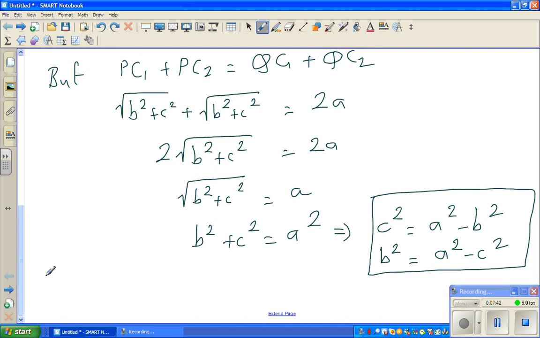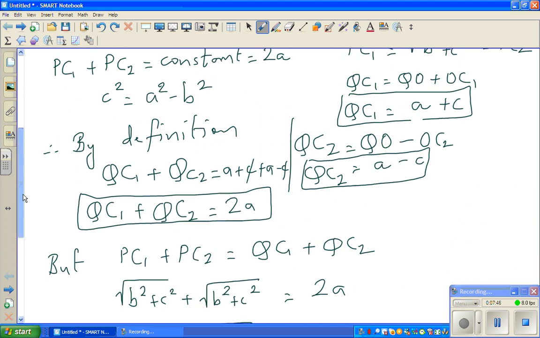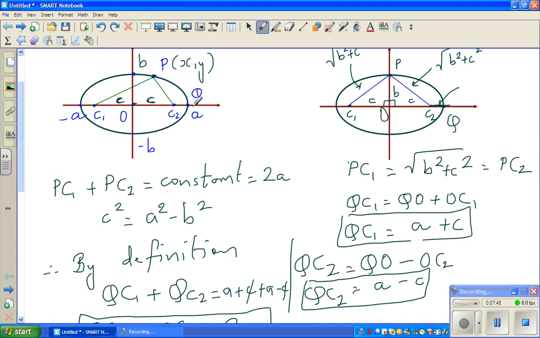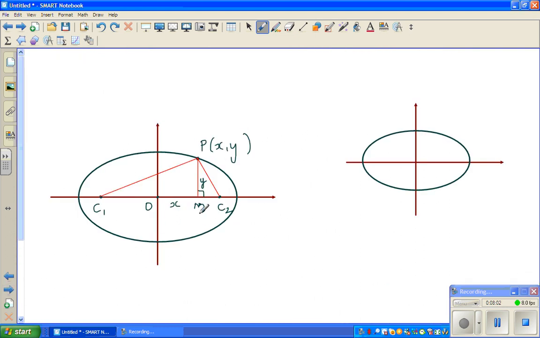What we are saying is that if you take any point on the ellipse and join it with the two foci and add the distances, the sum is a constant, which is 2A. Let us move on to prove this result.